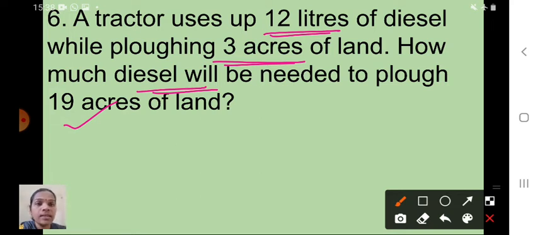How much diesel will be needed to plough 19 acres of land? Once again I will read the question. A tractor uses up 12 liters of diesel while ploughing 3 acres of land. For 1 acre of land, how much diesel do we need? That we have to find first, afterwards we can find for 19 acres. Are you ready? Shall we start?